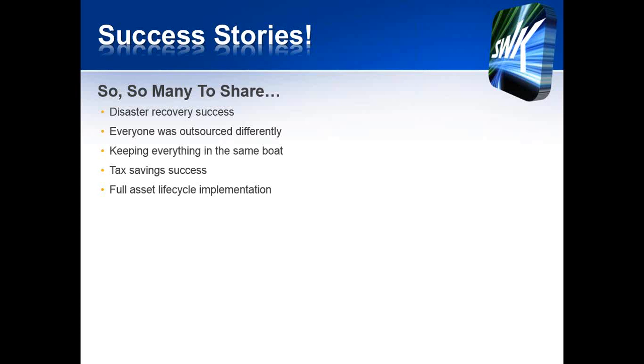If you're not tracking your assets right now, and I mean with asset tags that are actually on the piece of equipment, I would really strongly consider that you think about adopting that project down the road, if not now.